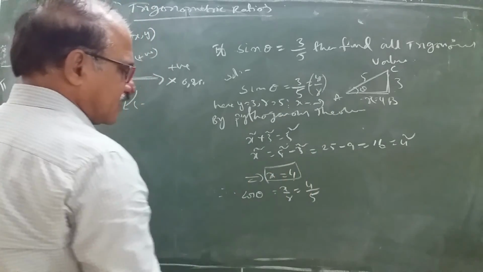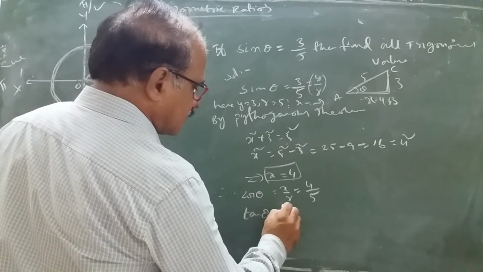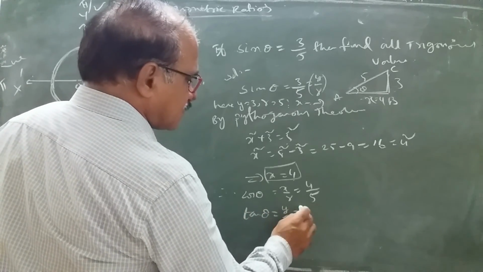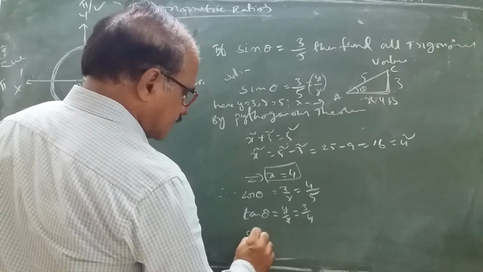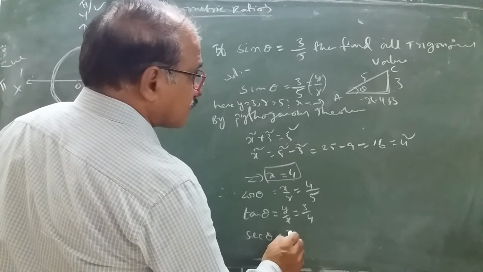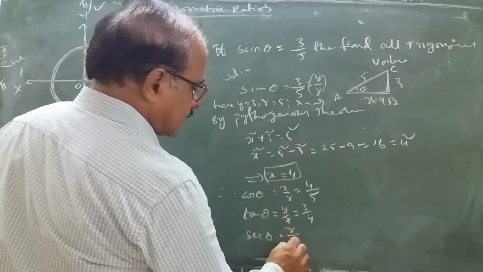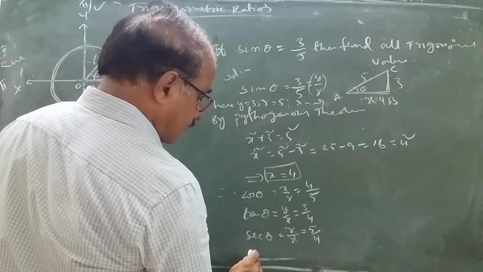So we already found x. Cos theta is equal to 4 by 5. Tan theta is equal to y by x, that means 3 by 4. Secant means r by x, that is 5 by 4.